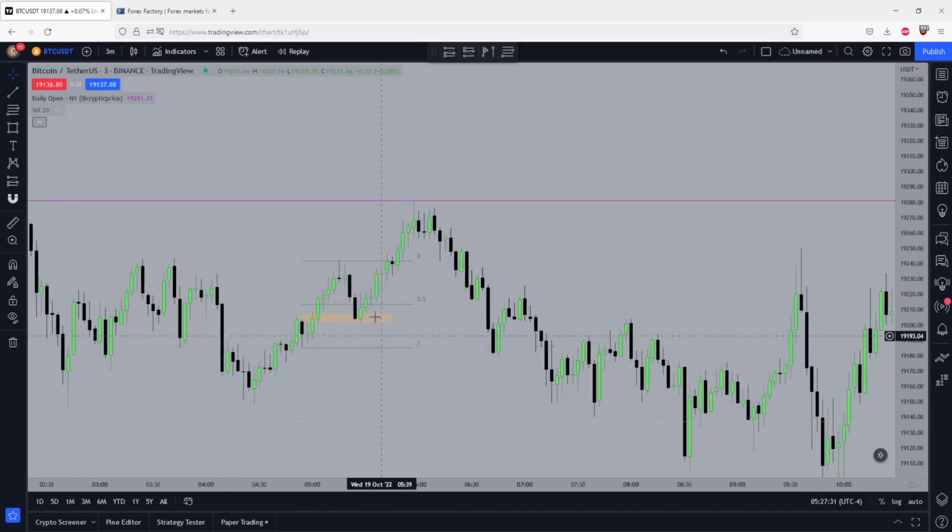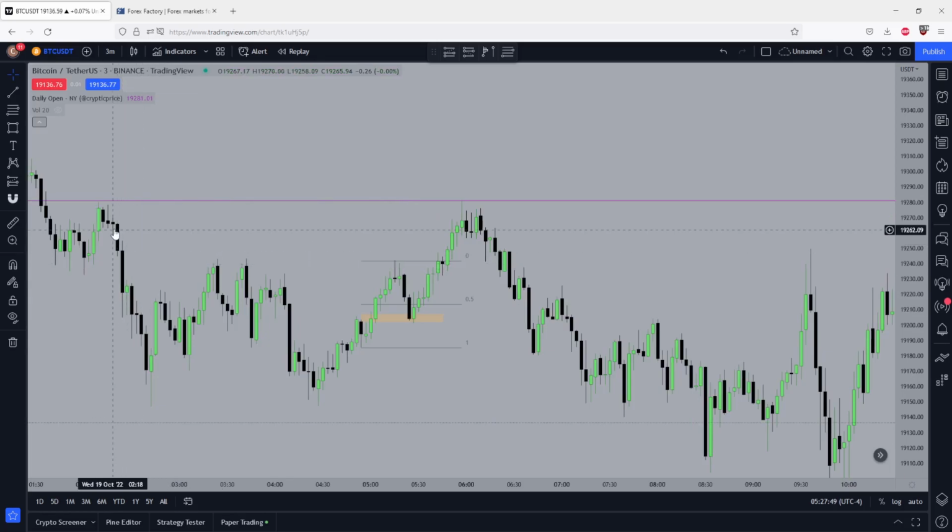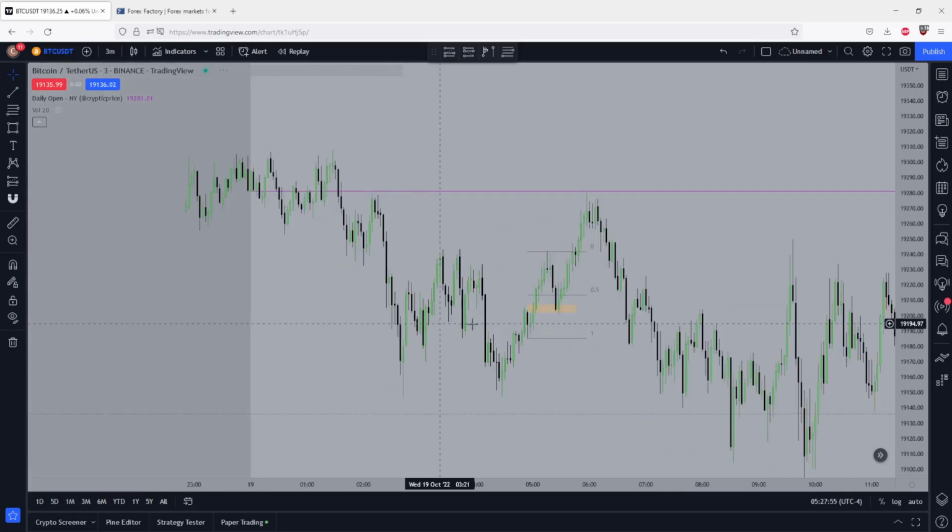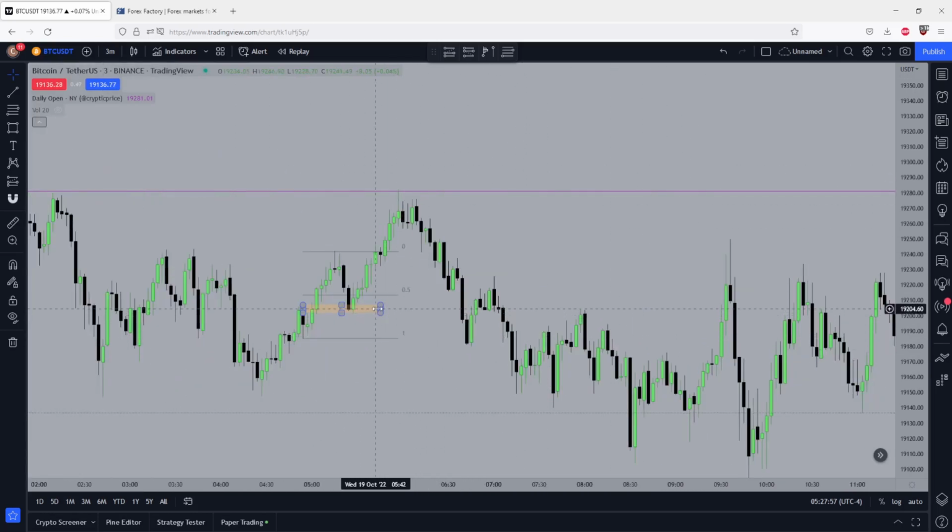Price comes back down into a discount, goes into the fair value gap, fully fills the fair value gap, touches this order block, this down close candle, and again the bodies of these candles respect the body of this candle quite nicely. And then price moves up higher, taking out these highs and fully repricing these imbalances, and it also takes out this high prior to then again going down further.